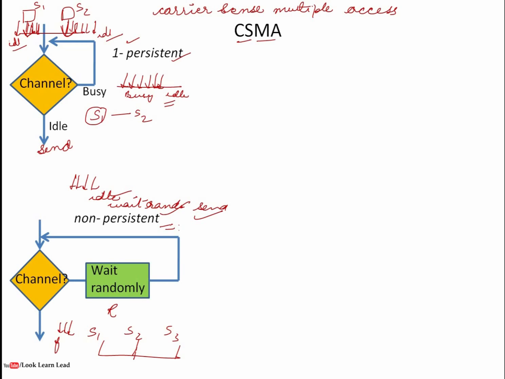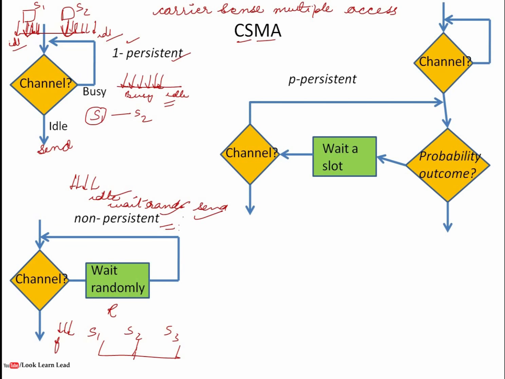And the third one in CSMA is P persistent. One persistent has probability 1. Non-persistent means there is no probability involved. P persistent means the probability lies between 0 and 1. So what would it do? It would sense the channel. If the channel is not idle, it would keep on sensing the channel.